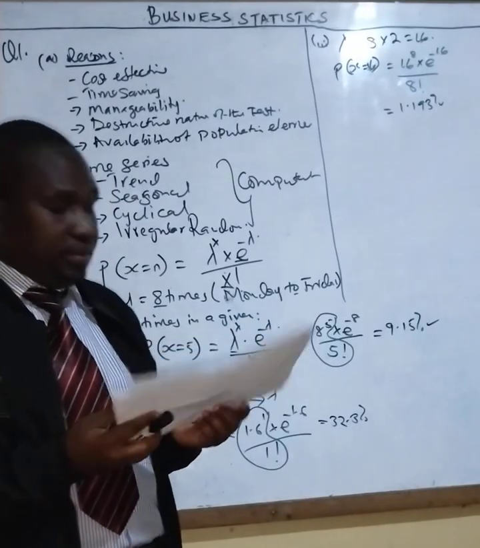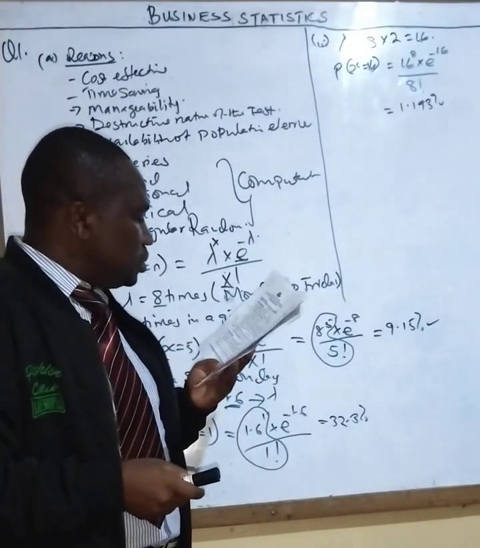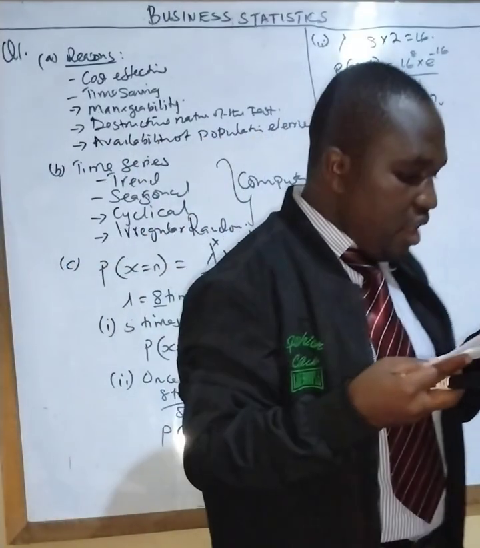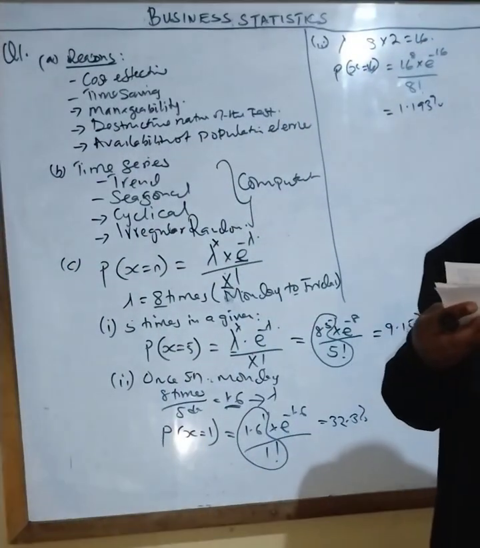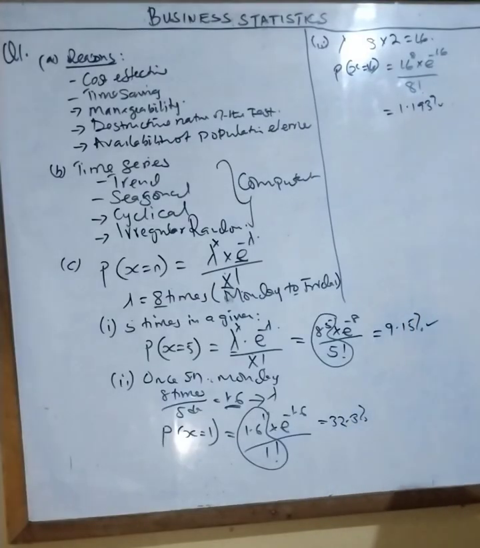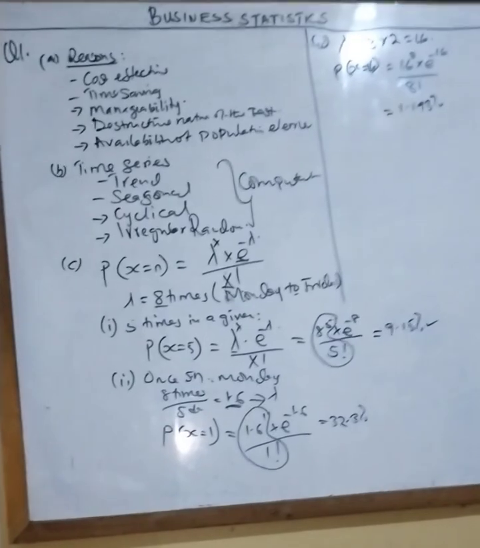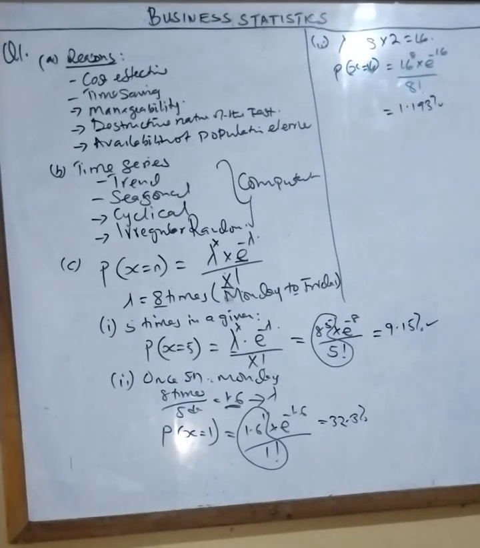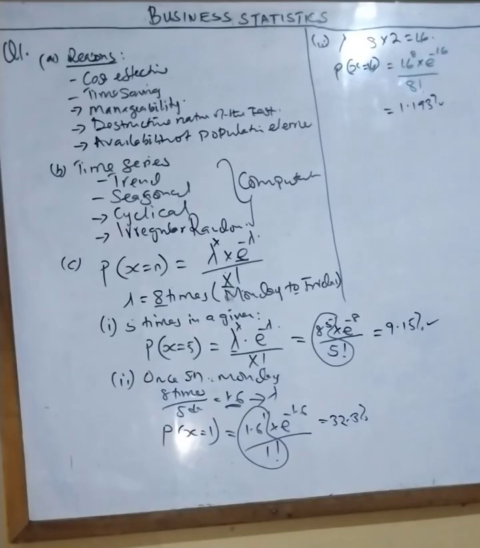I go to question D. Question D is saying, a market survey was conducted to estimate the proportion of homemakers who would recognize the brand name of a cleanser based on the shape and color of the container.